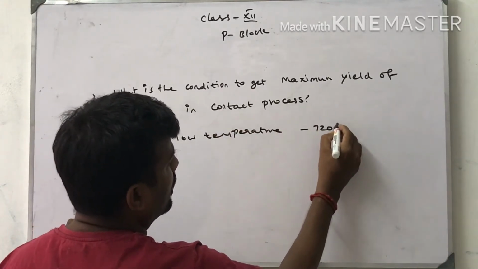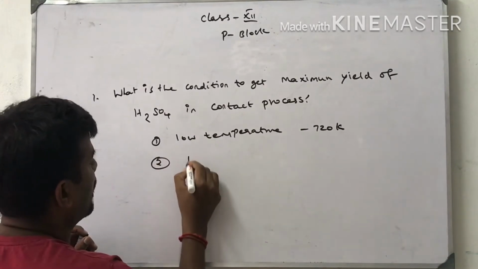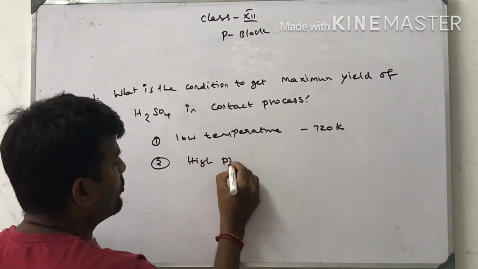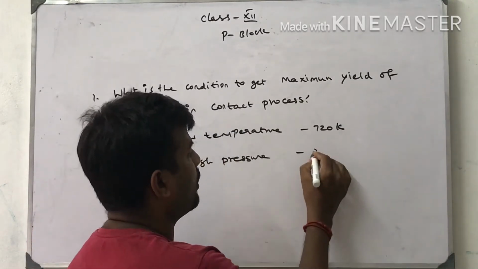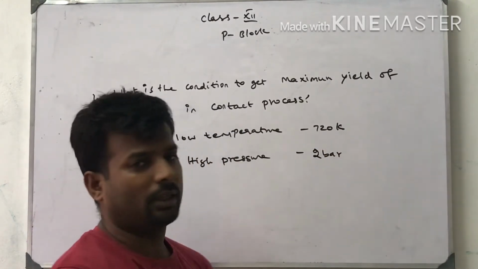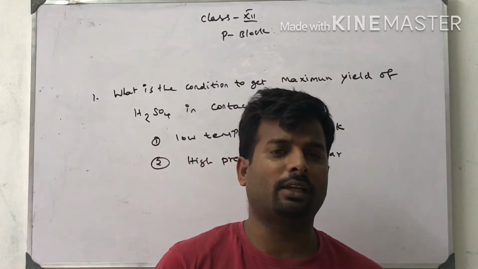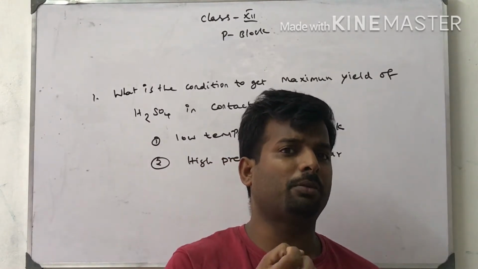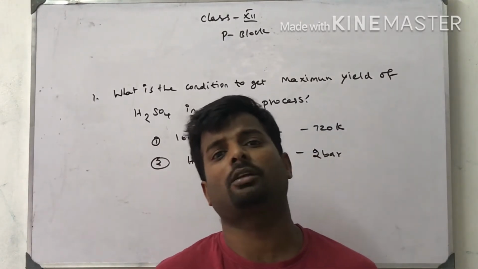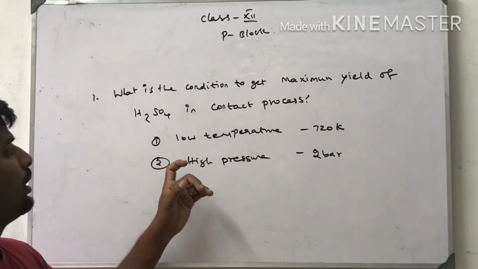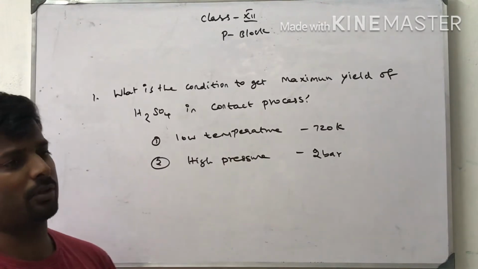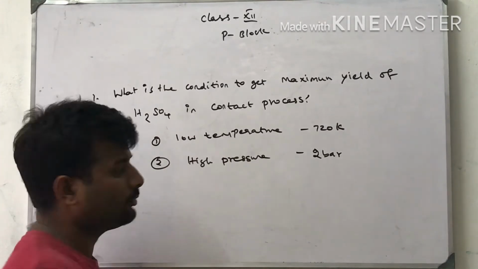That is 720 Kelvin. The second one is high pressure, 2 bar. This is the condition to give maximum yield, because in the forward reaction the volume of the reactants decreases and the product will be formed maximum. That is why we use low temperature and high pressure.